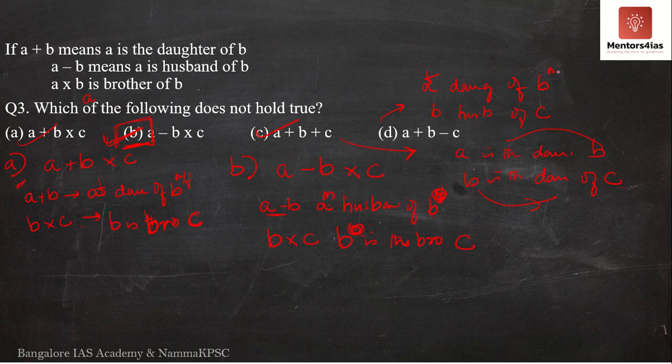Meaning B is the father of A, C is the mother of A. So this is also possible. Therefore, the correct answer is B. It has to be option B. A minus B cross C is not possible because B cannot be both male and female at the same time.